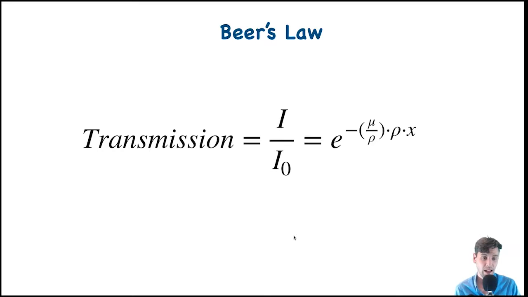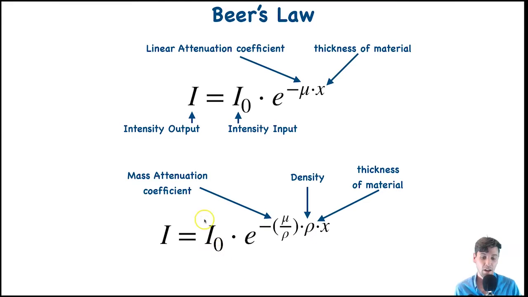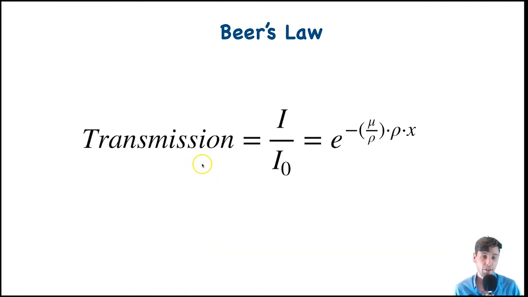If we take this equation here and divide by I0 on both sides, we'll get what we talked about before. The transmission is equal to I over I0, and this will just be the fraction of the X-rays that make it through that material.